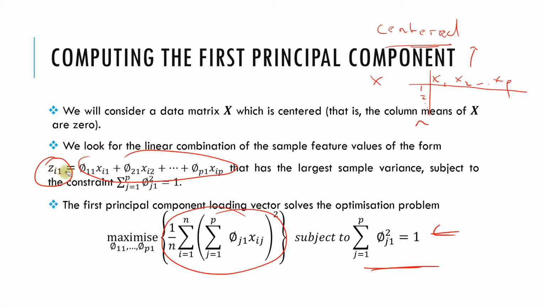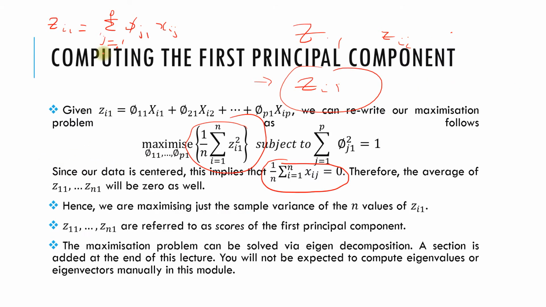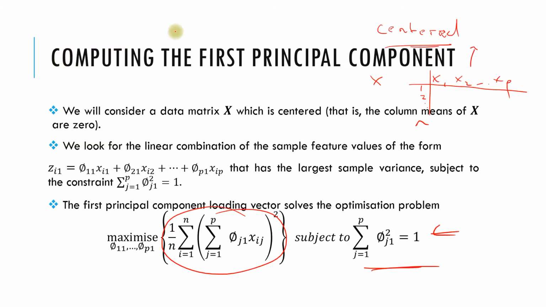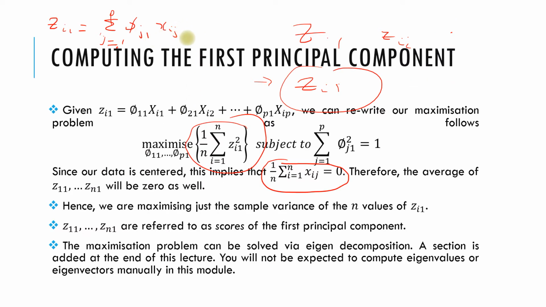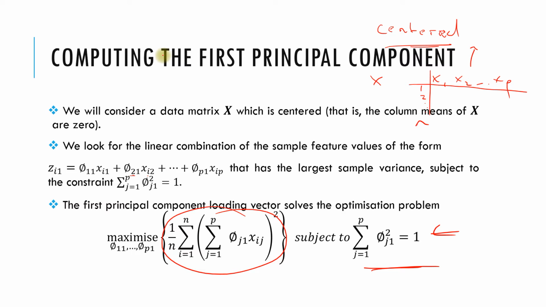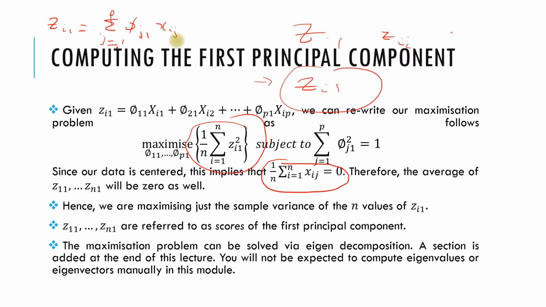So this is what I'm referring to. The j would change with respect to the variable, but the 1 stays the same, and you are referring to xij. j will again change and i will also vary.